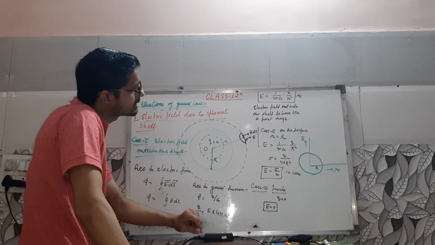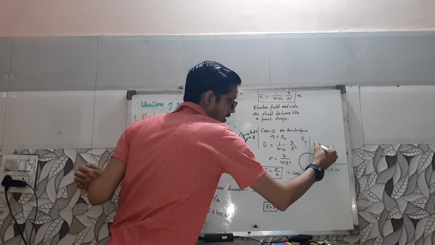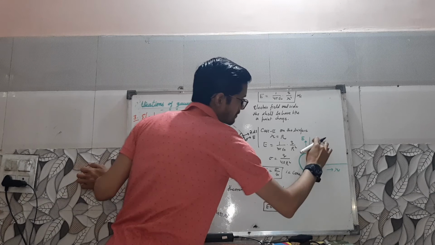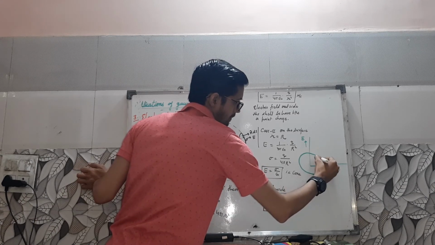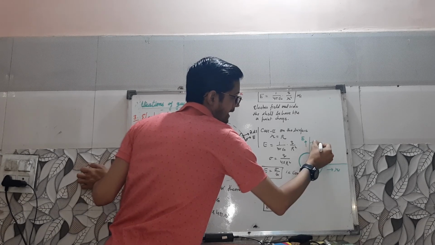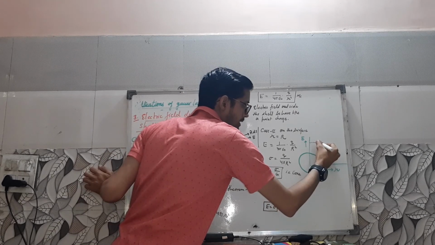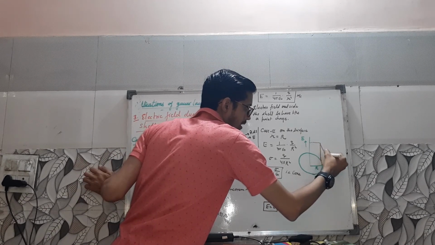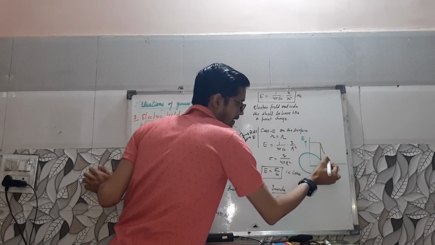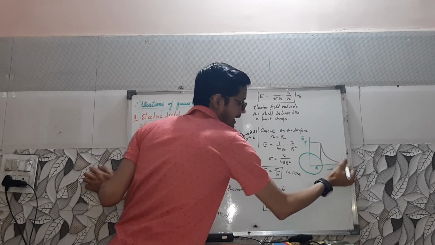So the line looks like this. And outside it behaves like a point charge, so it goes on decreasing like this.